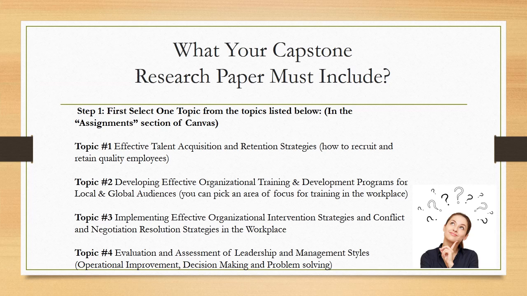So topic 1 is effective talent acquisition and retention strategies, where if you choose that topic, you will be discussing strategies on how to best recruit and retain quality employees.